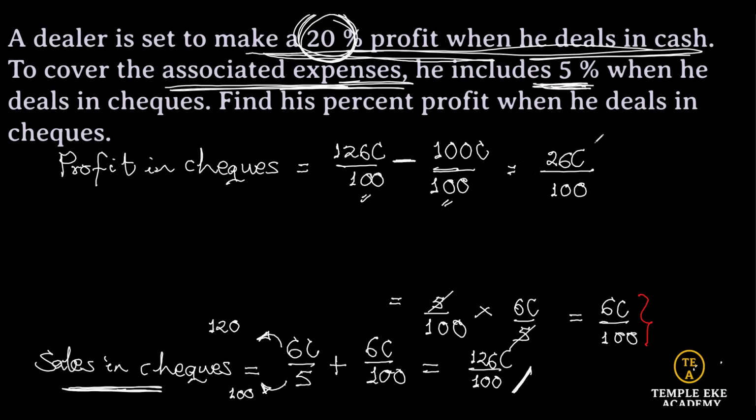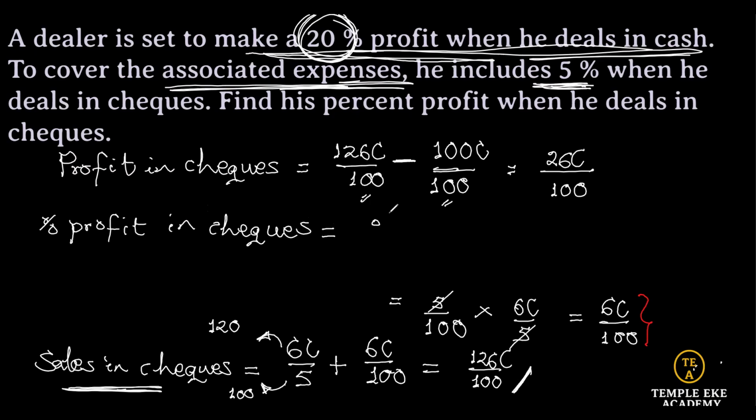And now we can get the percentage. Percent profit in checks is going to be the actual profit in checks divided by the cost, multiplied by 100.